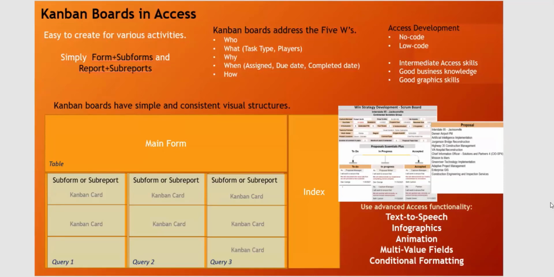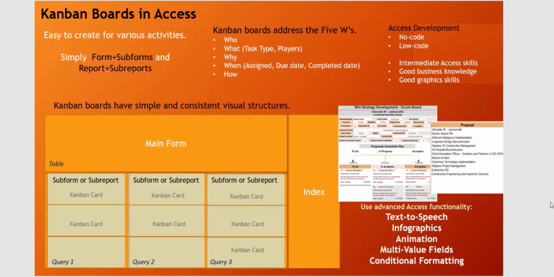So a Kanban board is simply a panel, if you will, in my terms, where I use a main form and then 3 columns with subforms or subreports. And I'll try to explain why they're both forms, subform, and report, subreport here shortly.